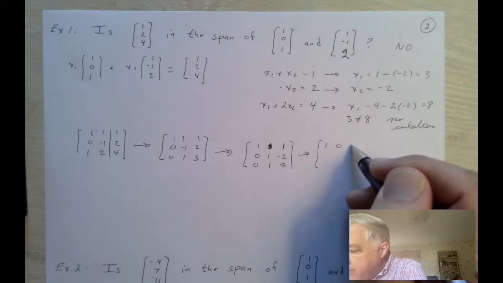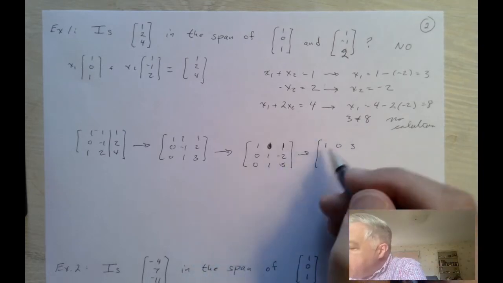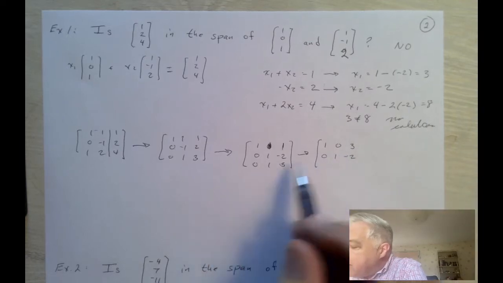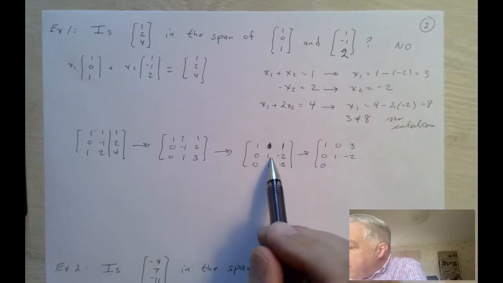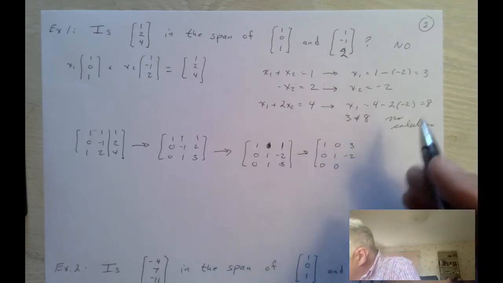It looks like we still get the 3 here. Then we get 0: negative 1 plus 1 is 0, and negative 2, so this would be 5.